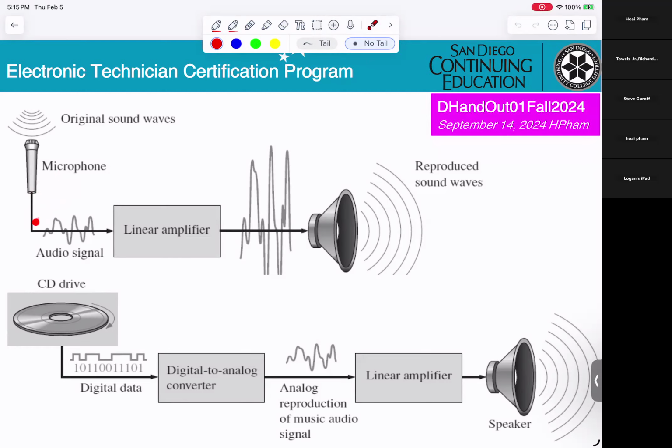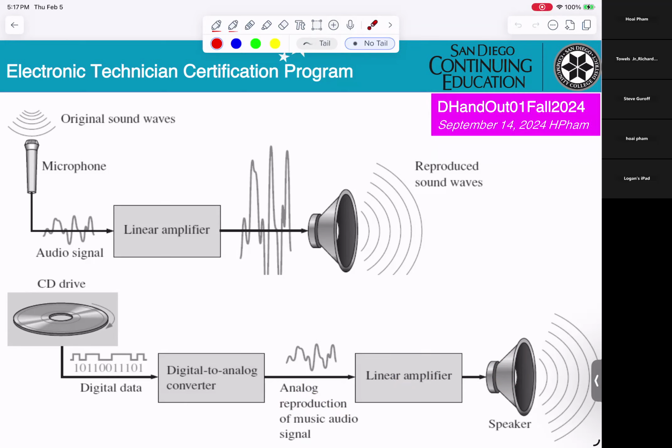That means they're converting it into your voice, analog. Then, before they go into the amplifier, they go to another device, a linear amplifier, the analog reproduction of the music audio signal. Then it can be converted to the analog signal and go to the amplifier.